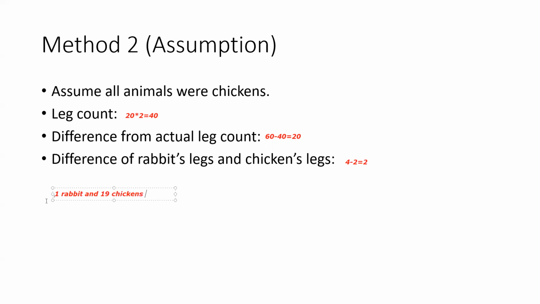The leg count will be 19 times 2 equals 38, plus 4, giving us 42. See, it is 2 more than 40. So now we need 20 more to get 60. Therefore, I think we all know it will be 20 divided by 2, giving us 10. Therefore, there will be 10 rabbits.